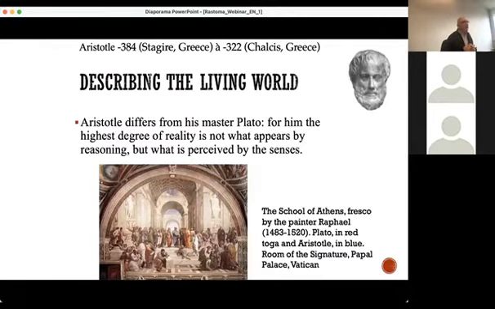Let's see how, from this definition of science, we go to the practical way we are doing science. Let's make a very short history of science. The first person who can be named as a scientist is Aristotle. Aristotle is a philosopher of Greece, and Aristotle differs from his master, Plato.